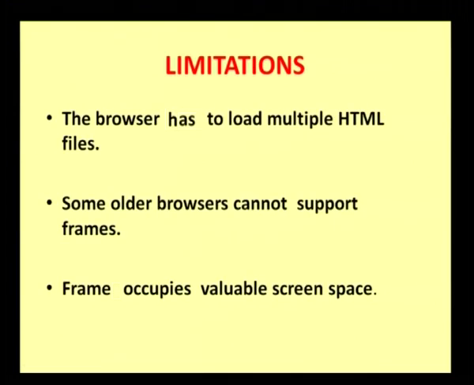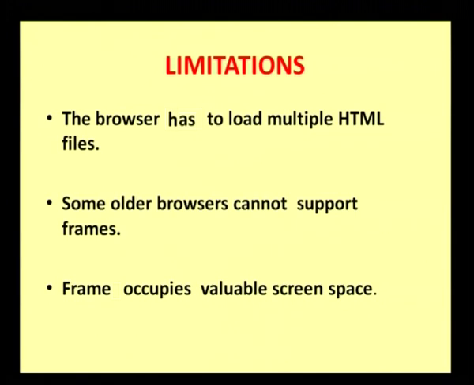When constructing a web page, if we need to link more than 100 hyperlinks, then the browser has to load all these files when the program is running. So, the browser has difficulty loading all these HTML files while running that particular frame program. This is a basic disadvantage.